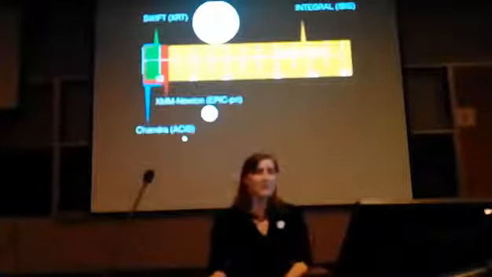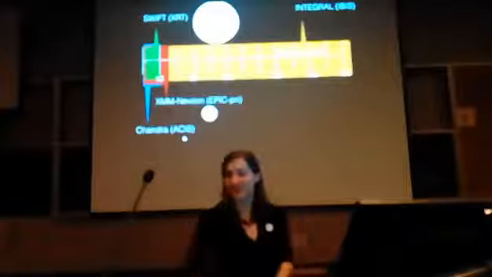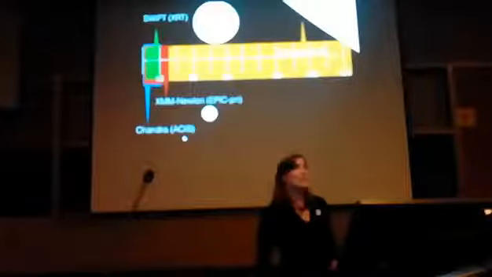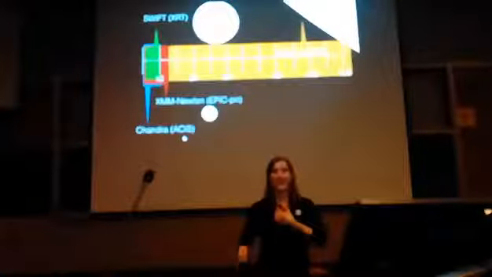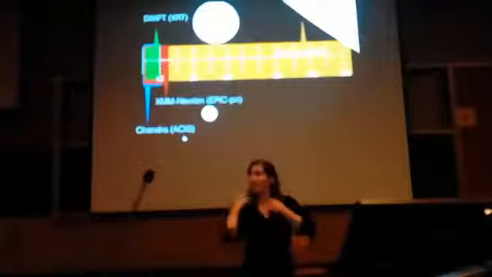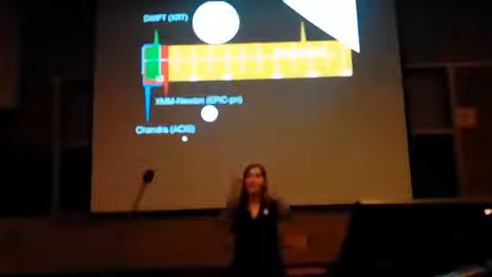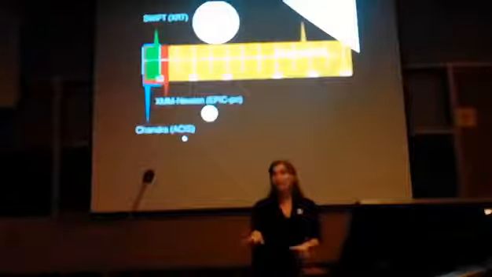But it has a problem. If I put up a picture of the blur of INTEGRAL, it would look huge. So we're just going to push that all the way to the side. INTEGRAL is really useful when you want to look at really bright, energetic X-ray emission from objects, but it's not really great at telling apart if you have two guys very close together or if it's just one big thing.